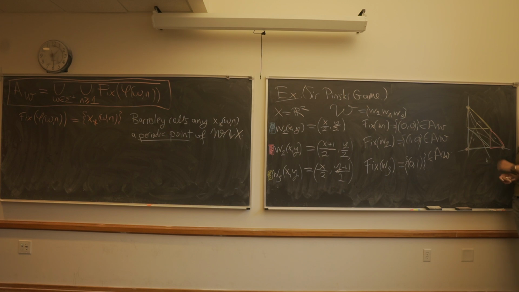Now, these fixed points are, in a sense, the easy choices for the initial condition you can make. Before I go into that, is this idea clear? So you can use a trick, of course, and say, I'm going to start here.